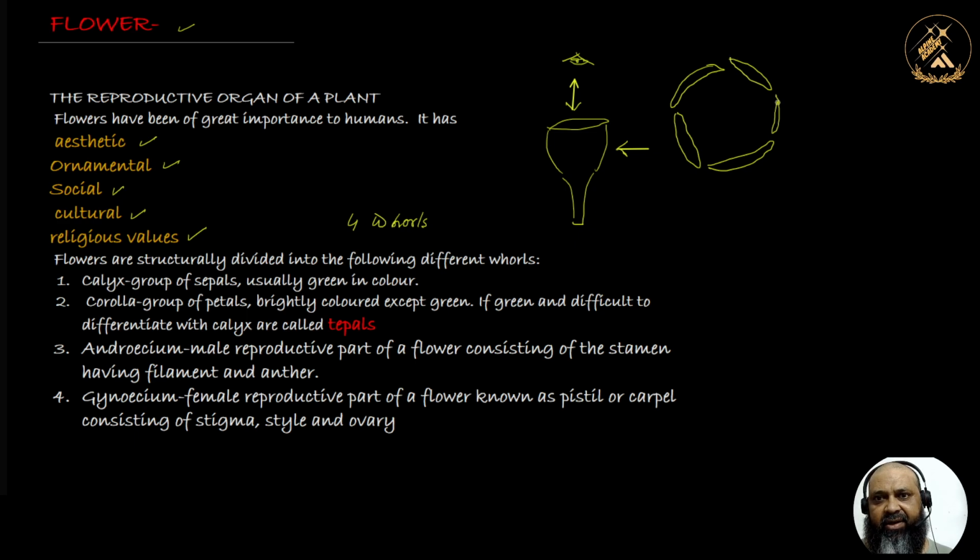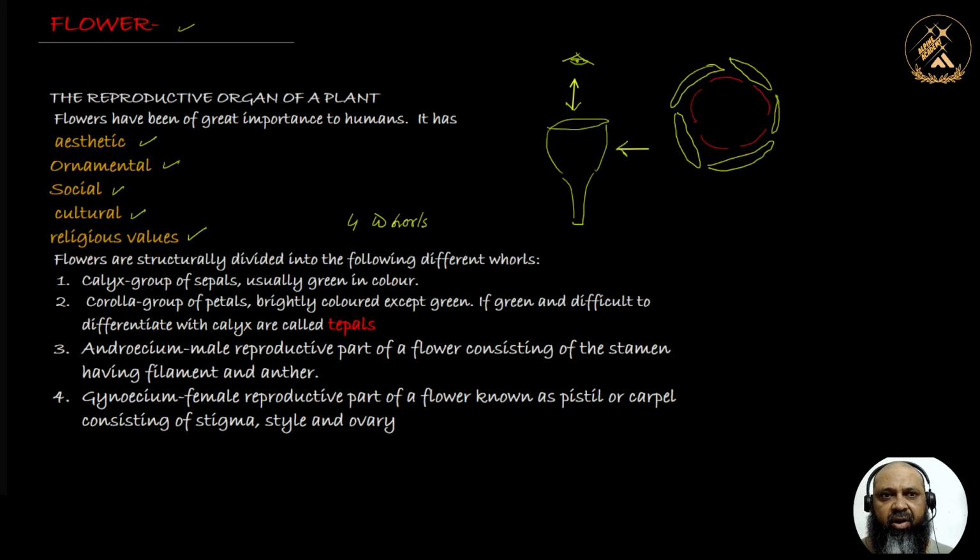That is the external most whorl, you can say. If you see the next one, that is mostly colorful things like I'm drawing over here. They are the colored things, known as the second whorl, right?